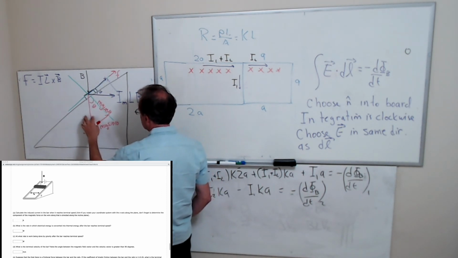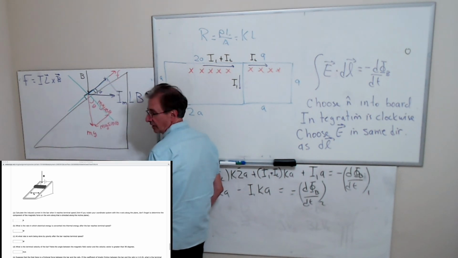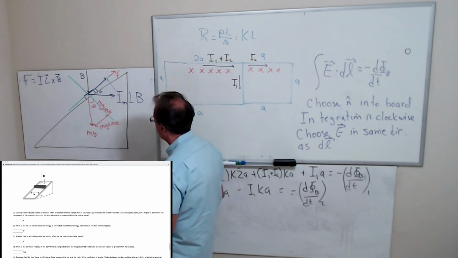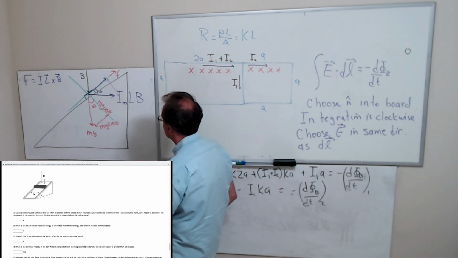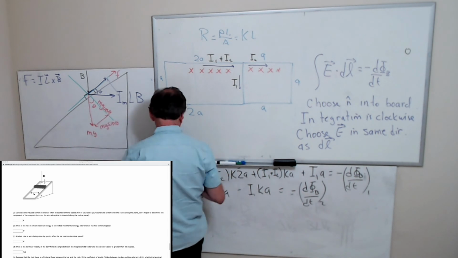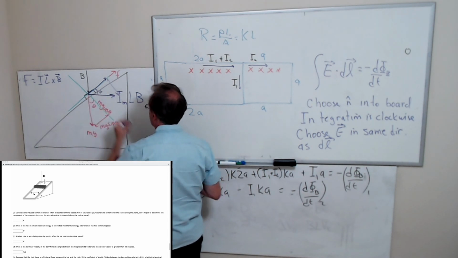Here's your mg with the x and y components, and then the frictional force is there. But in this problem, the normal force contributions come from this and this. Both of these point downward. This angle's theta.